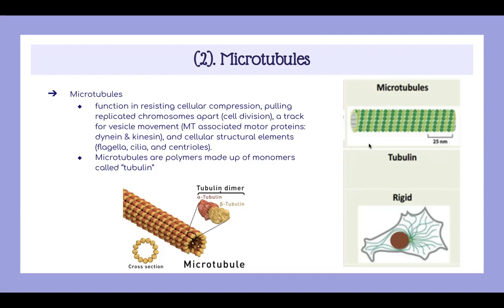And they're also polymers, made of monomers called tubulin, which here would be a tubulin dimer. Tubulin is made of alpha tubulin and beta tubulin, and when they all come together, it makes a microtubule.